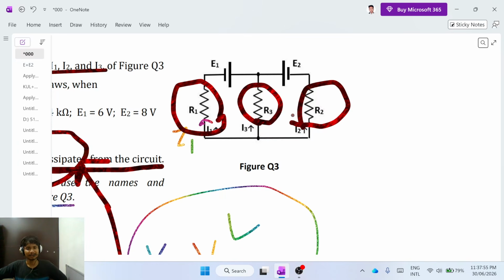By heat. R1, R2, and R3 are resistors. They resist the flow of current, so heat will be generated there. Therefore, the energy will be dissipated, or lost as heat.